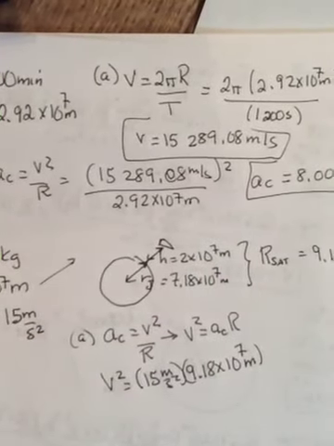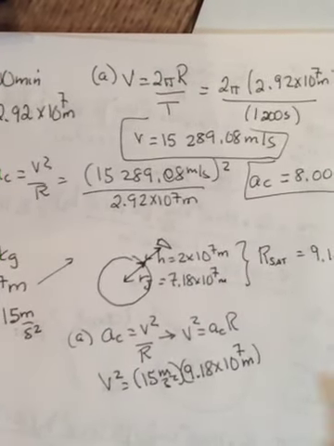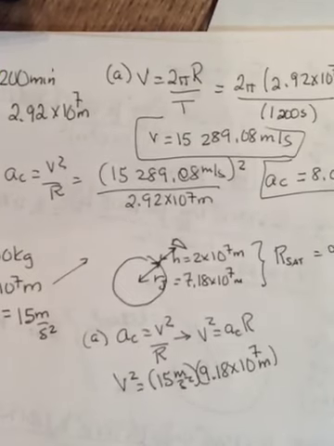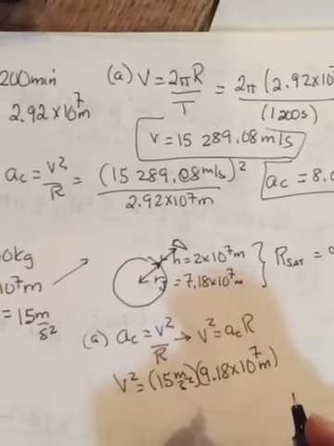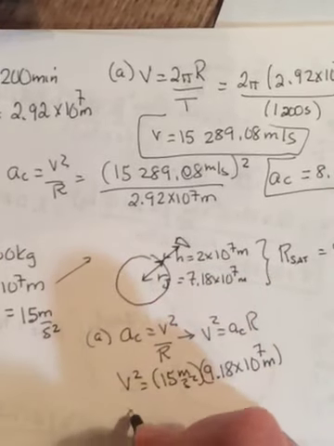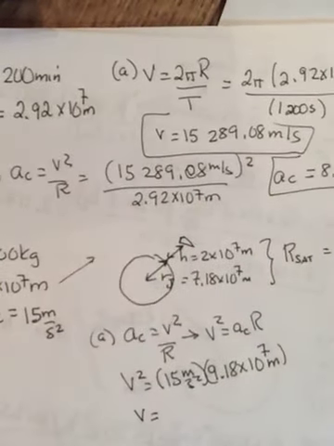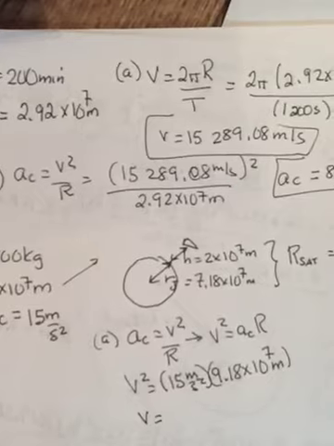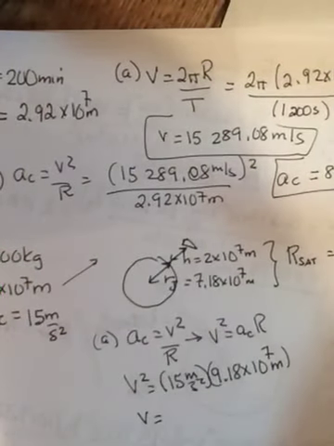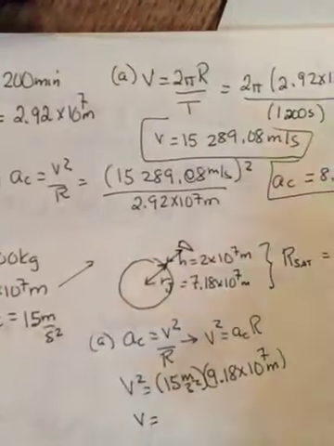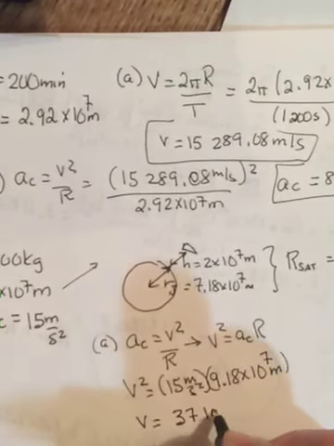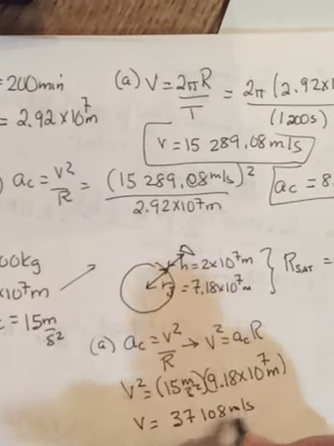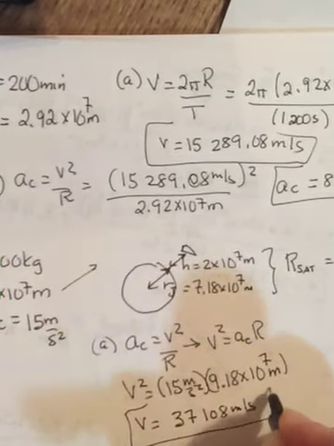Remember, that's going to be v squared, so you need to take the square root. And when you do, you should get 37,108 meters per second. That's the orbital speed.